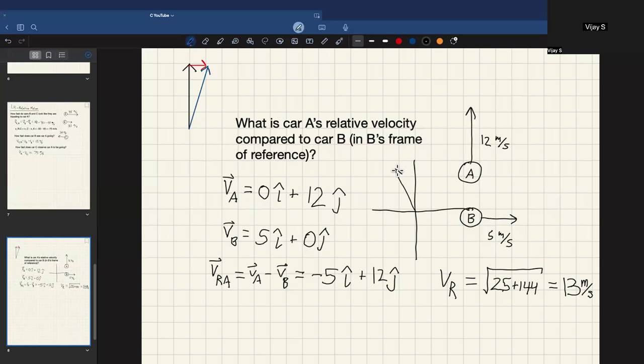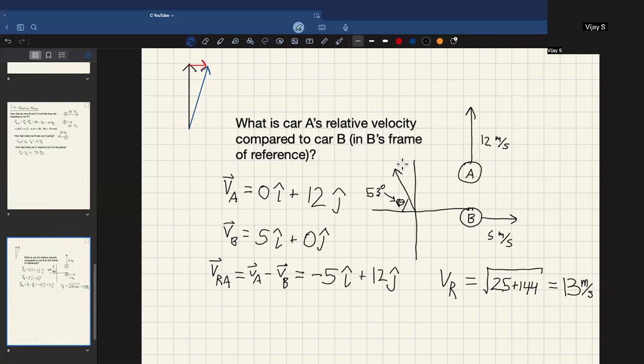It's got an opposite of 12 and an adjacent of 5. So when you calculate that, you should get this angle theta. If you take arctangent of 12 over 5, that's going to give you 53 degrees. So the relative velocity would be 53 degrees north of west, based on this.